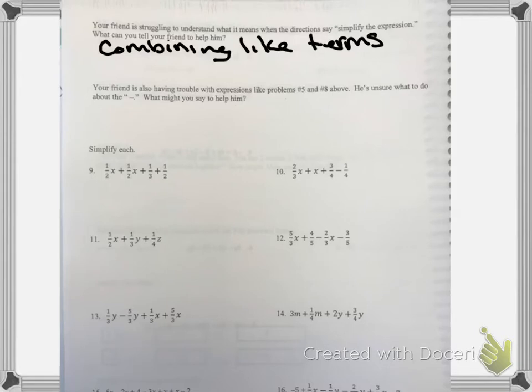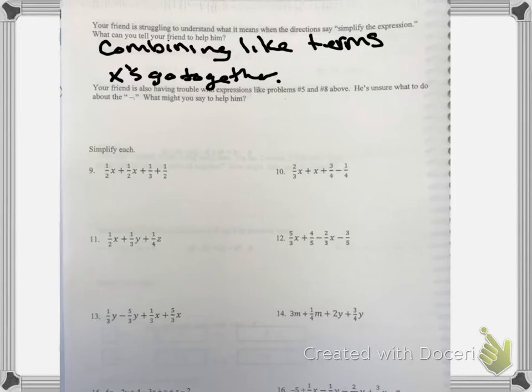All that means is the x's go together and the numbers go together. Just whatever the unit is, they stay the same. You're not trying to solve anything, you're just going to simplify, and you're still going to have letters in your answer.